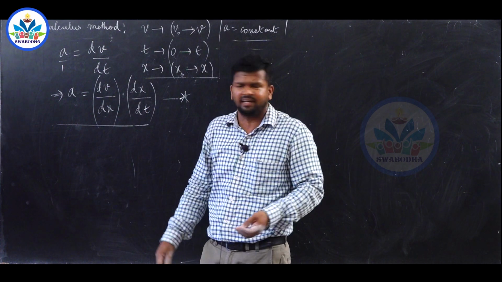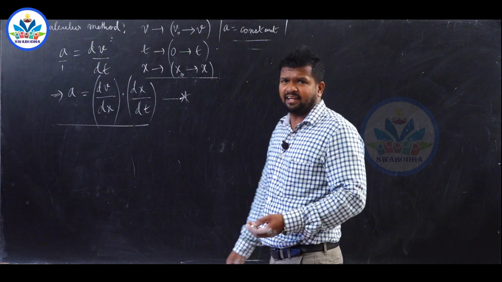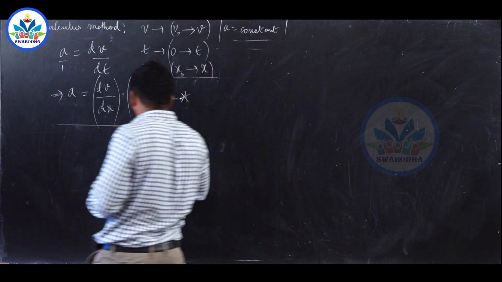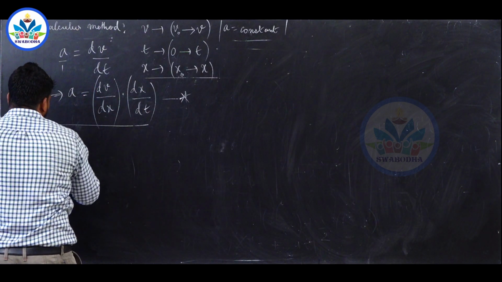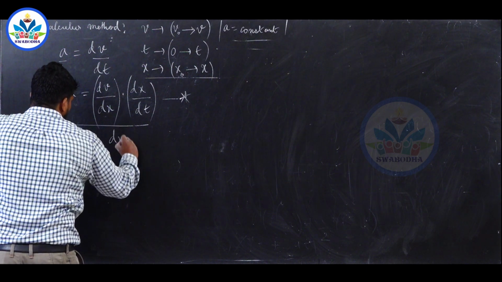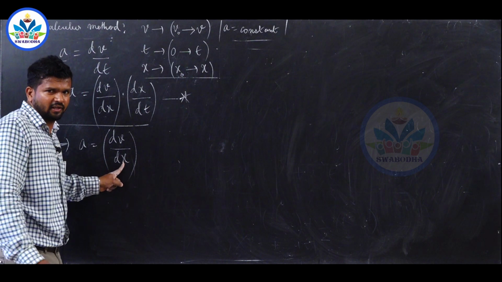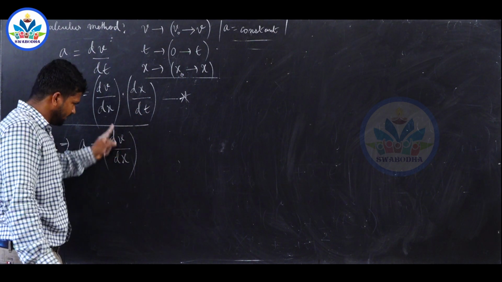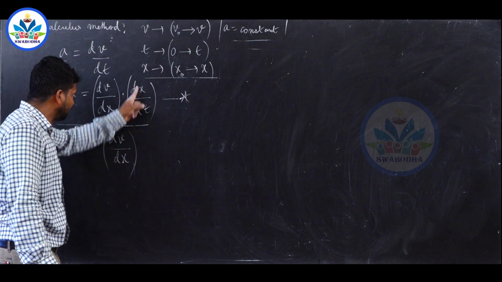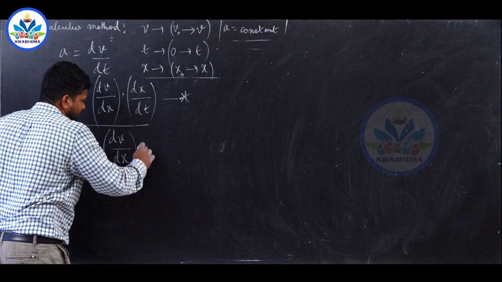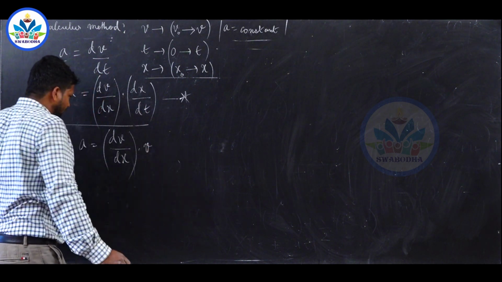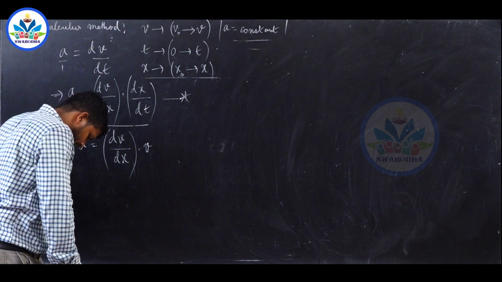What is dx by dt? dx by dt is instantaneous velocity, you all know. So a equals dv by dx, the rate of change of velocity with distance, into dx by dt, the rate of change of position with respect to time, that is velocity v. So a equals dv by dx into v, correct?